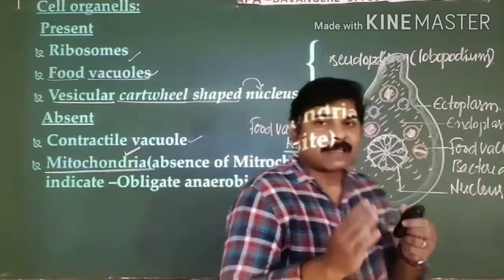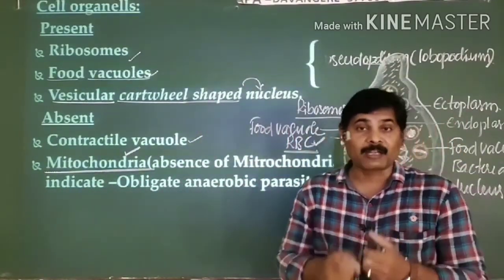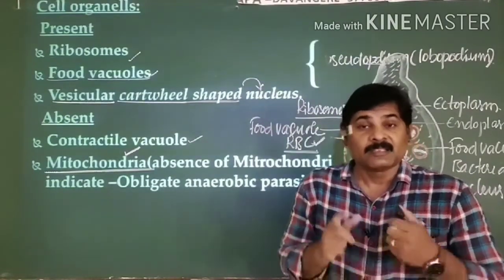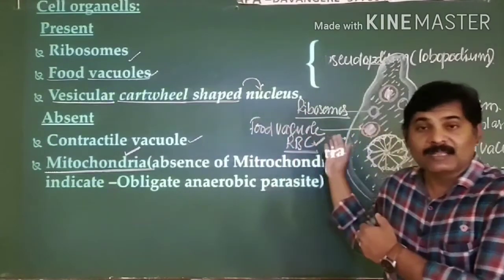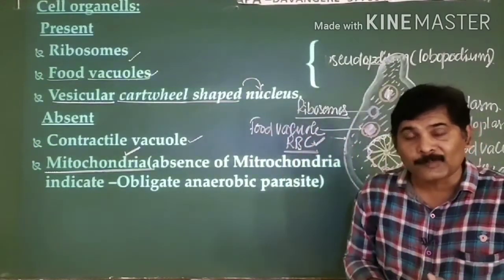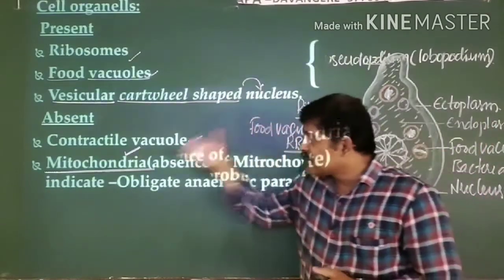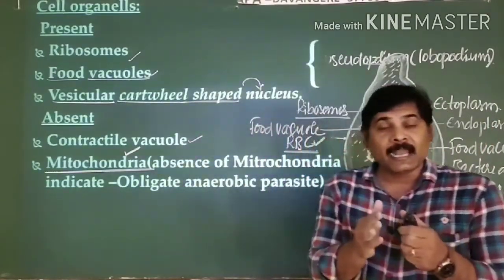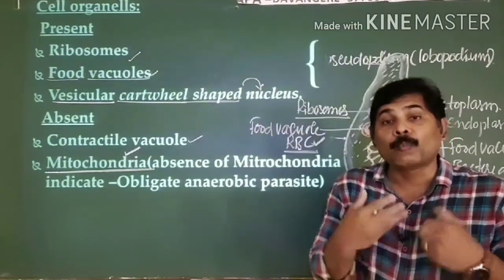You know the important function of mitochondria in the cell: they take part in cellular respiration. Since the mitochondria are absent, does this parasite carry out cellular respiration? Definitely not. So the absence of mitochondria indicates that this is an obligate anaerobic parasite.